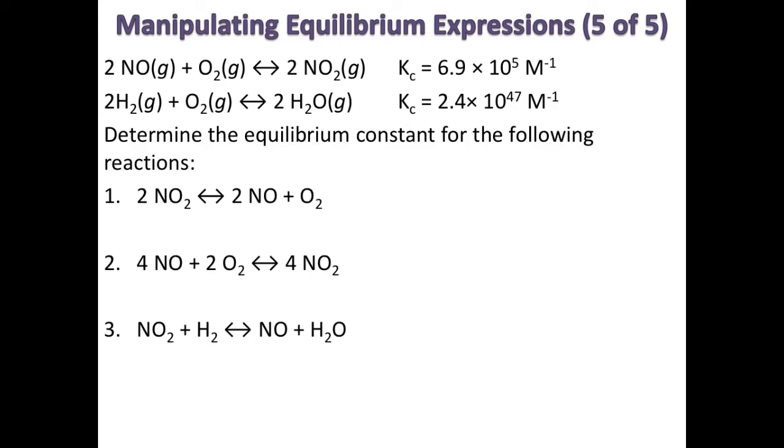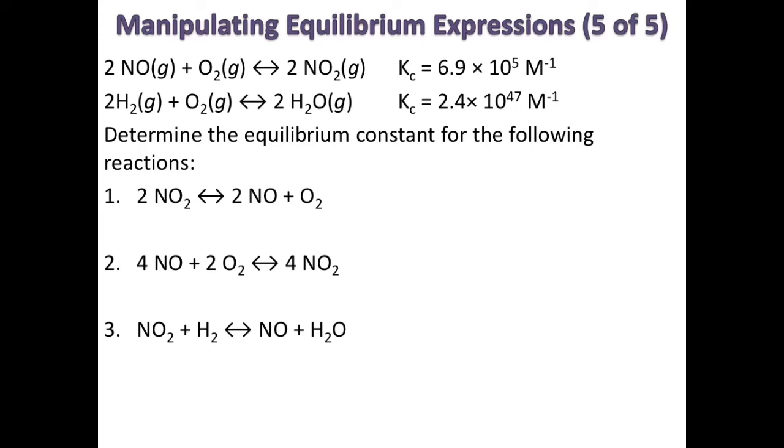Now it's time to work a few additional problems. The two equilibria that we're working with are 2NO plus O2 makes 2NO2, Kc equals 6.9 times 10 to the fifth per molar, and 2H2 plus O2 makes 2H2O, the formation of water, and the Kc equals 2.4 times 10 to the 47th per molar. So let's determine the equilibrium constant for the following: 2NO2 makes 2NO plus O2.